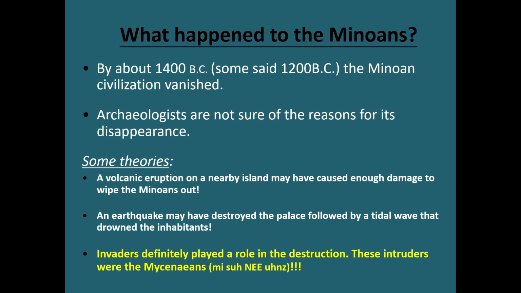And certainly, foreign invasion was also regarded by archaeologists and historians as one of the factors bringing about the destruction of this civilization, and the foreign invaders were the Mycenaeans.